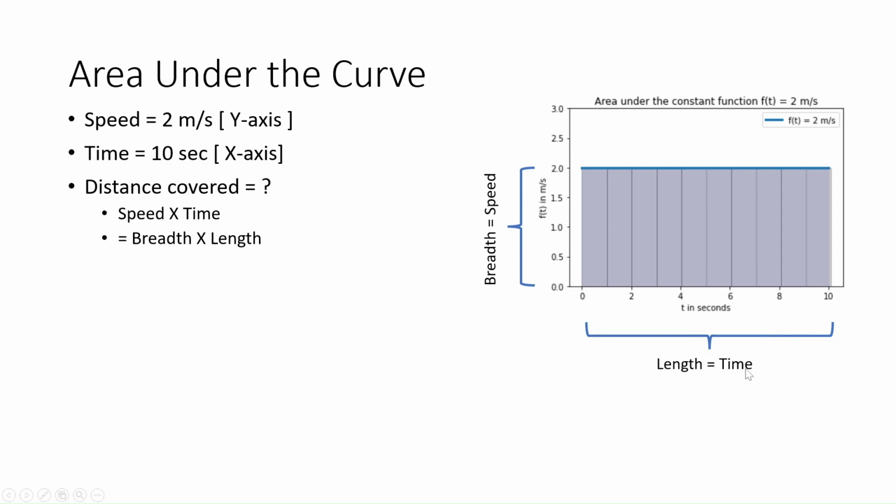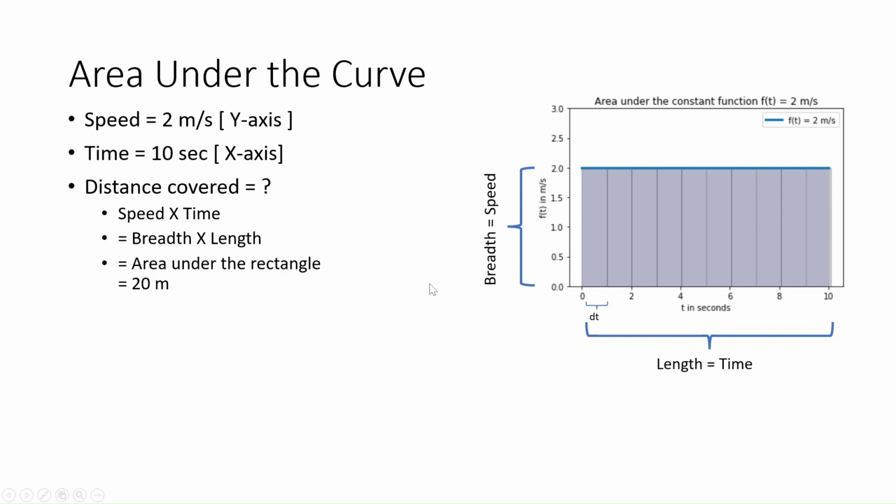So when we multiply speed by time, we are actually multiplying the breadth of the rectangle with its length. In geometry, we've been taught that when we multiply the breadth of a rectangle with its length, effectively we are calculating its area. And that's how this concept of area under the curve originates. This is a very, very important concept.